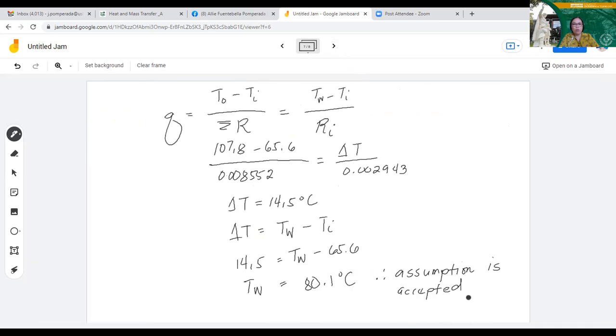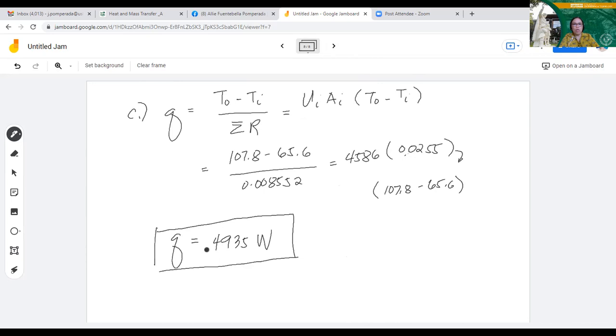And we checked before we proceeded whether our assumed temperature is acceptable, and it is. So now it's okay to determine the last requirement, which is just a substitution of the rest of the things that we have solved before this part of the solution. So it's 4,935 watts.